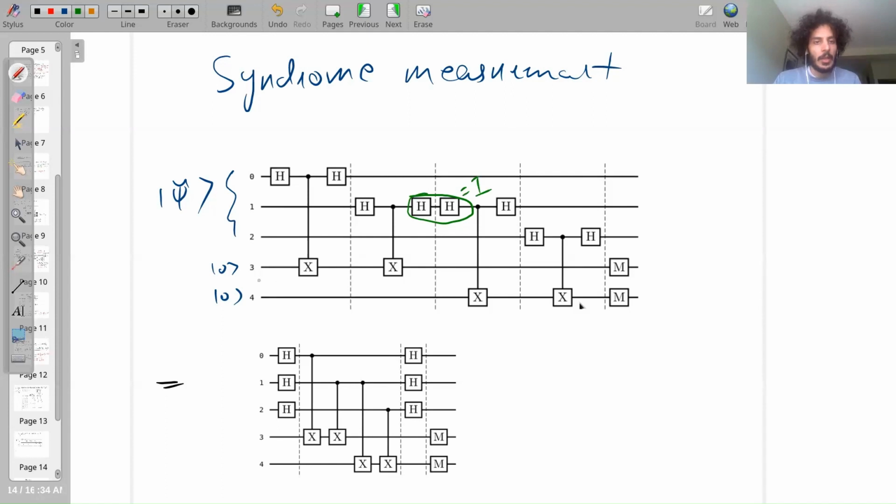This was identity, and then I've just moved my Hadamards here. So you get this nice circuit where you have a bunch of Hadamards acting. Then you do your classical bit flip repetition code syndrome measurement, and then you go back with Hadamards, and then you do your measurements.